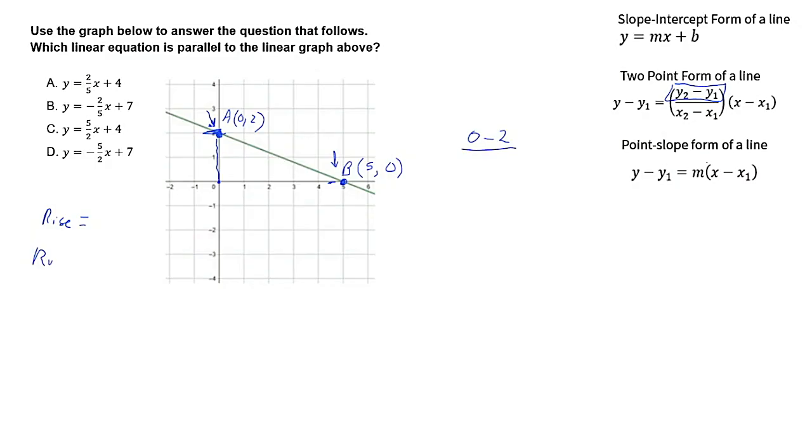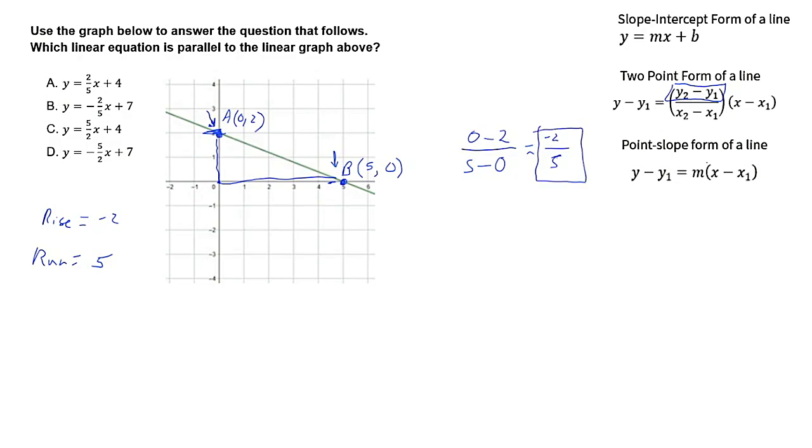And our run is basically the change on the x-axis. That's kind of this distance right here. So that's where we're saying our x2 is 5 minus our x1 is 0. So our rise is -2 and our run is 5. -2 and 5. And so our slope is -2/5.